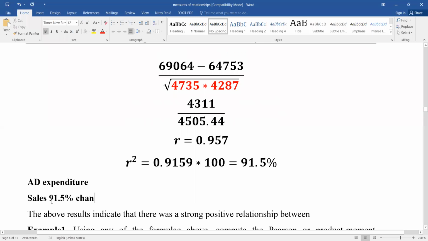changes in sales are explained by, or attributed to, advert expenditure, AD expenditure.